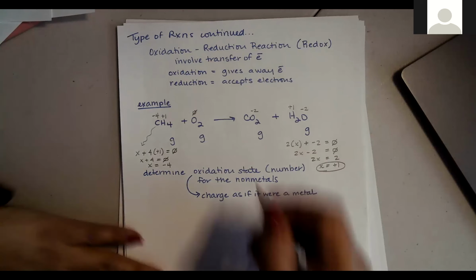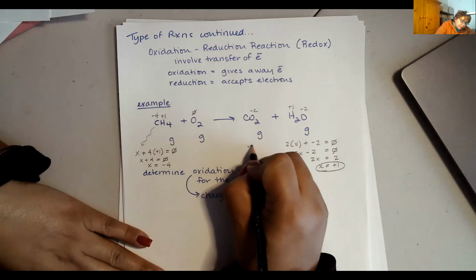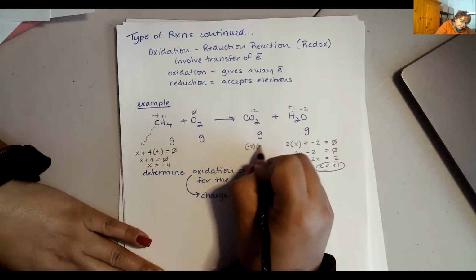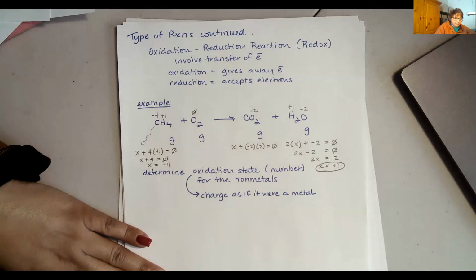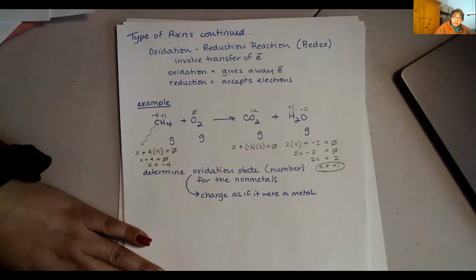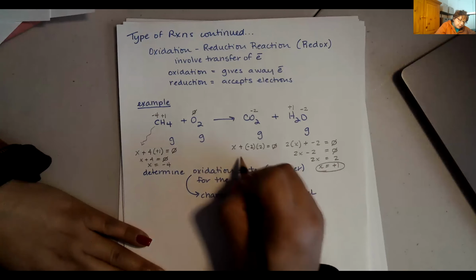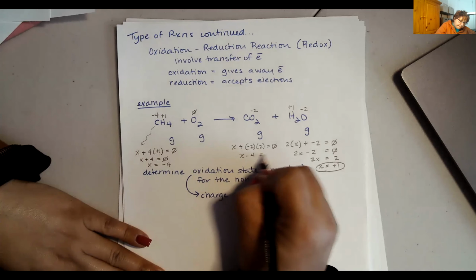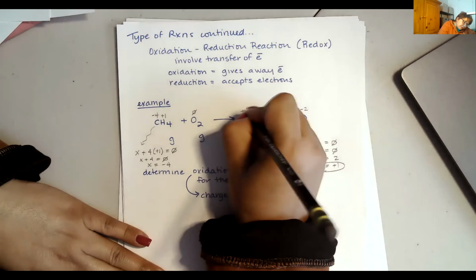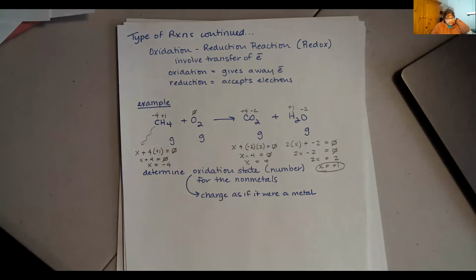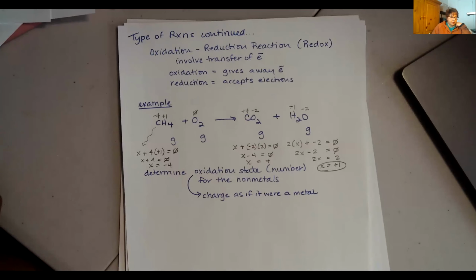Very good, +4. So -2 times 2 plus some number equals 0. And so if you solve this, we say that the oxidation state of carbon is +4.